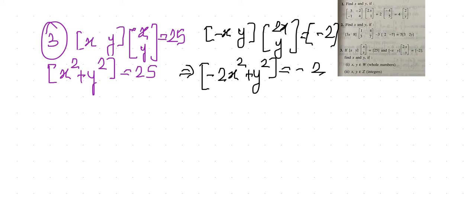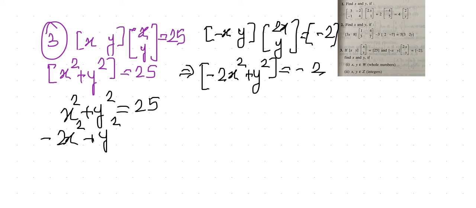If you see here, this is x square plus y square is equal to 25, and there you have minus 2x square plus y square is equal to minus 2. So can this be solvable, children? If we just subtract this, this becomes plus and this becomes plus, so y square gets cancelled.